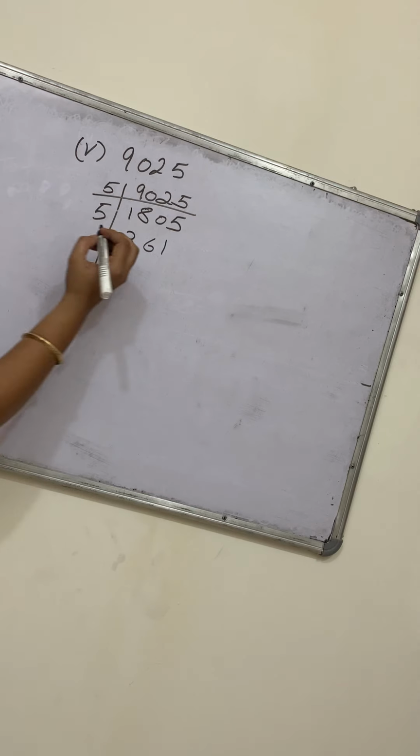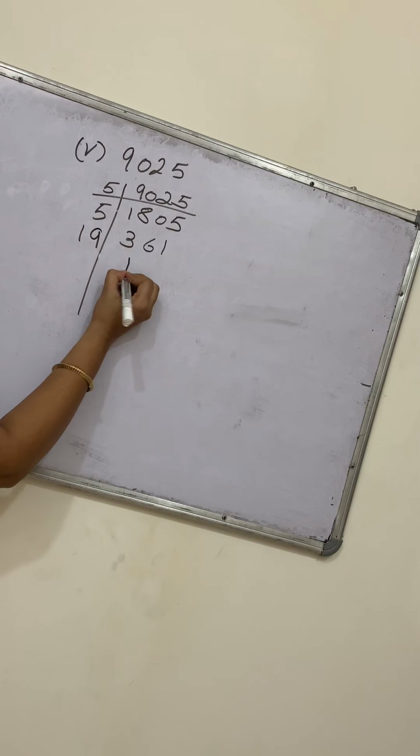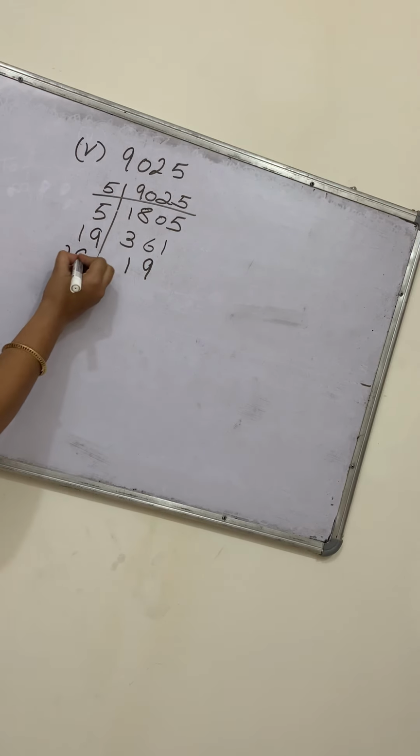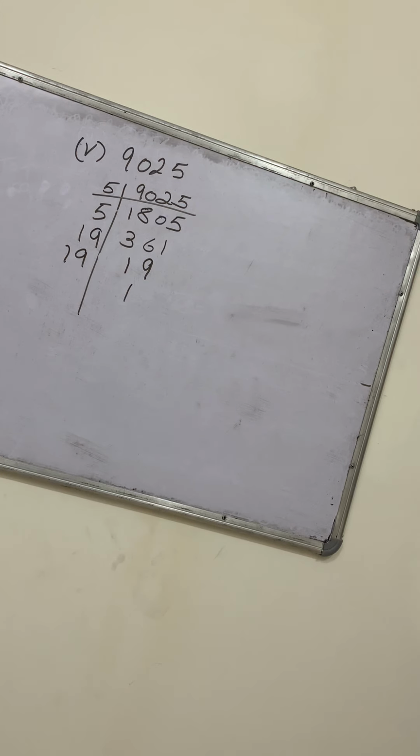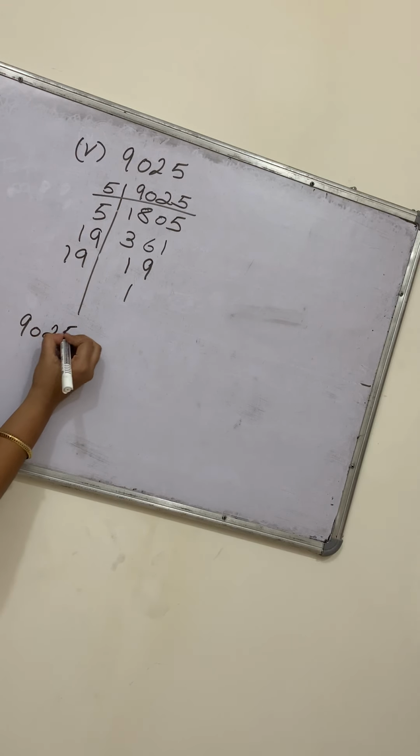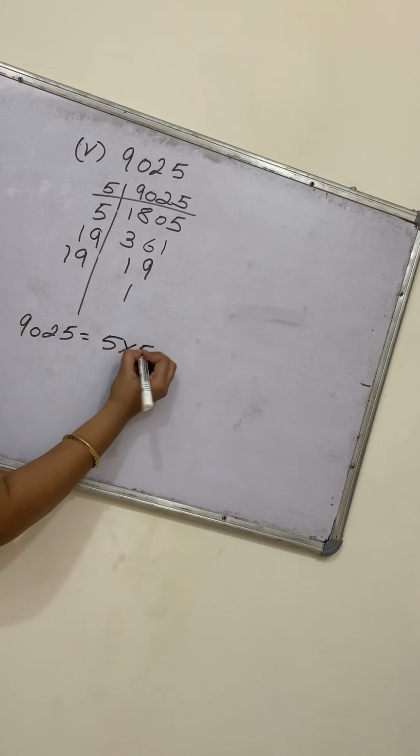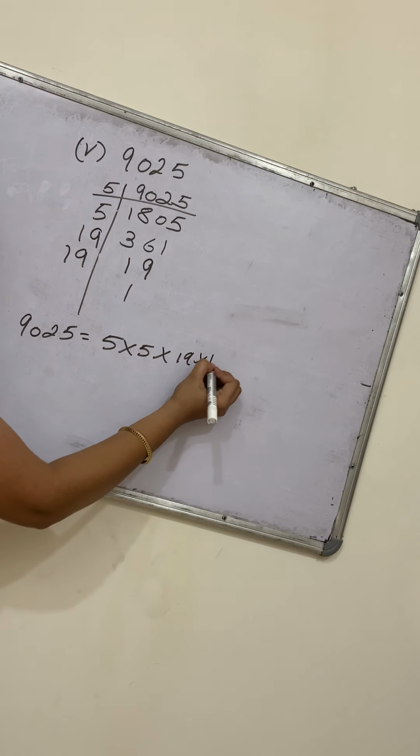This will be divisible by 19 only. So 9025 has the factors 5 into 5 into 19 into 19.